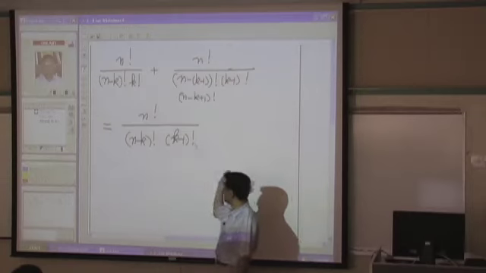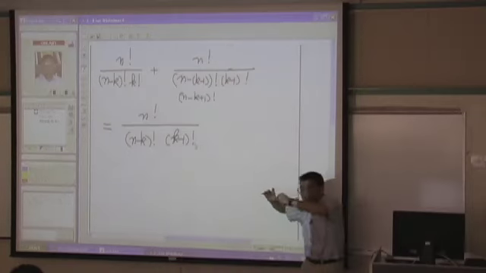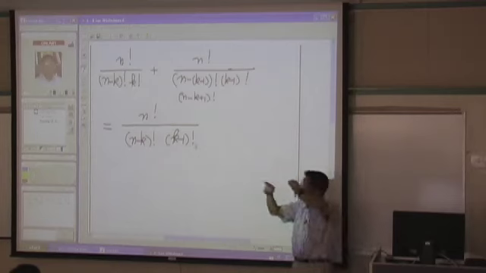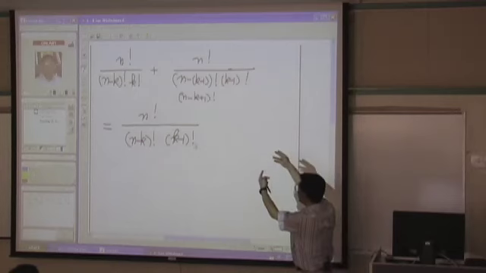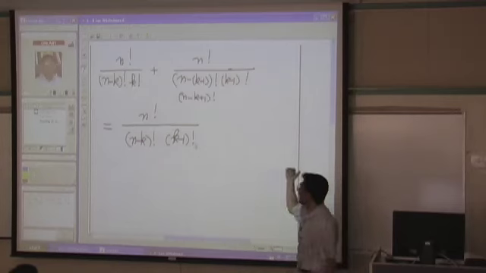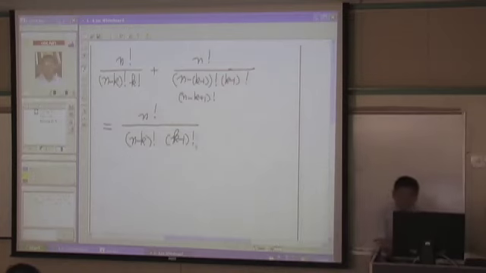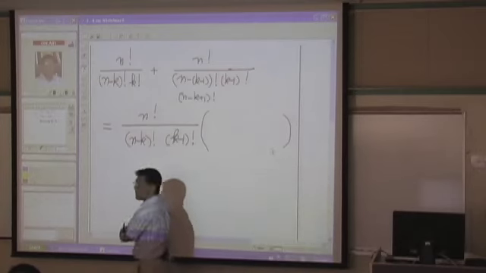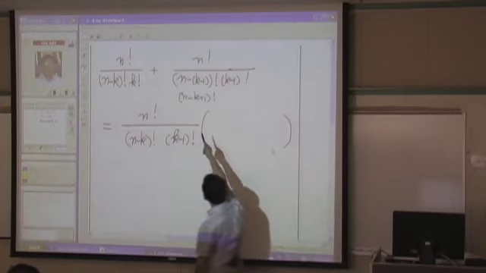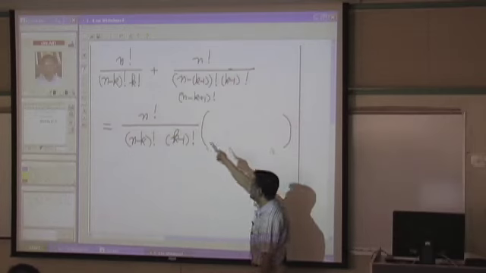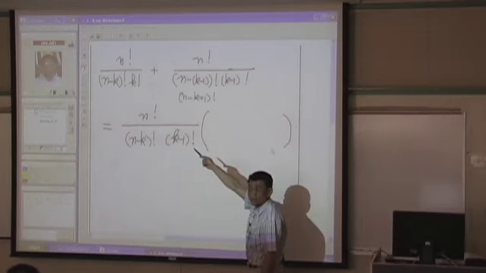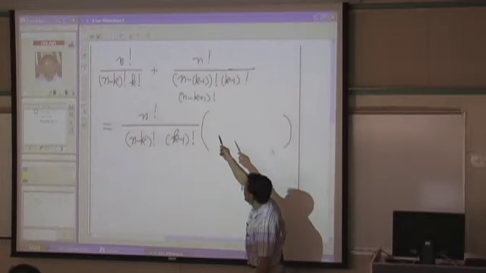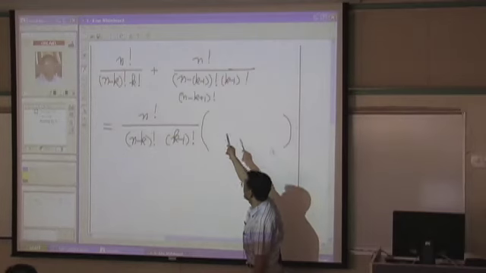If you don't agree with me, ask me. I extracted the maximal factor from the numerator, from the first part and the second part, and now I will write down the remaining terms here. The factorial is the product of this number all the way down to 1.